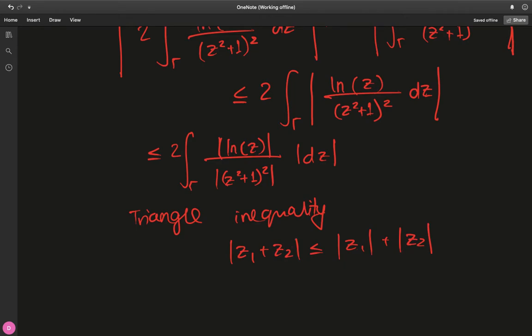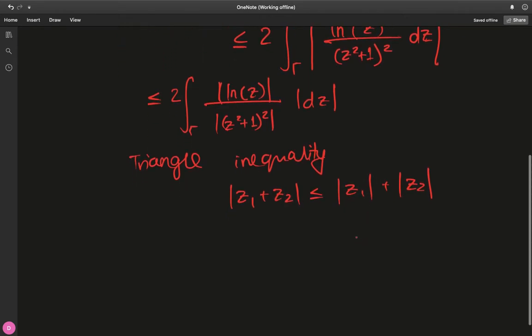So mod of z1 plus z2 is less than mod z1 plus mod z2. And if you want to consider negatives, mod of z1 plus z2 is going to be greater than mod of z1 minus mod of z2.